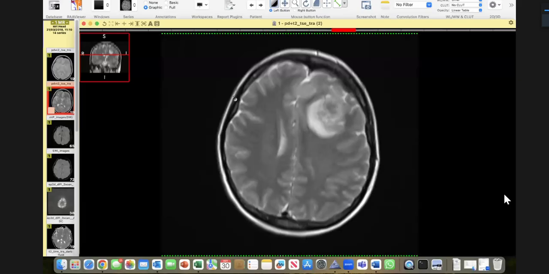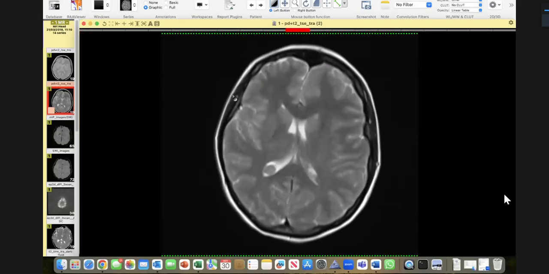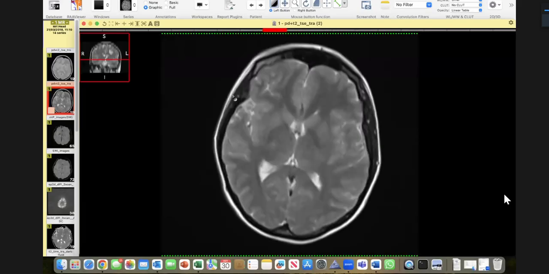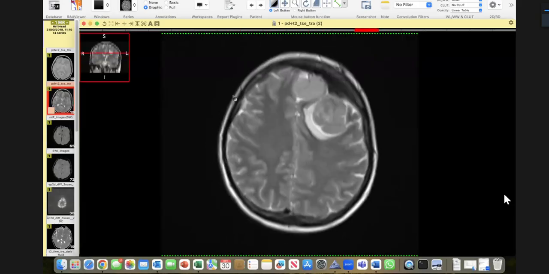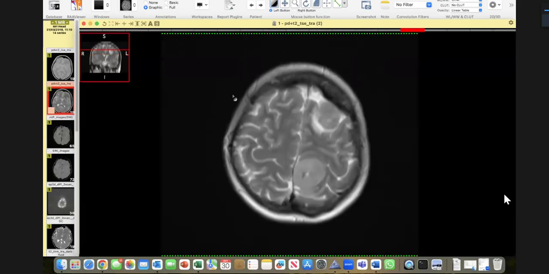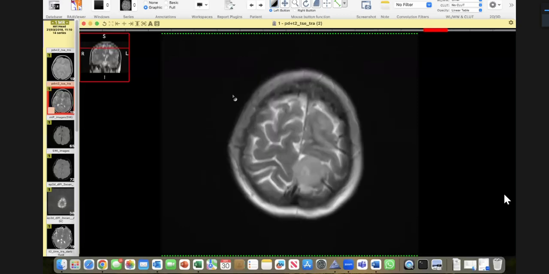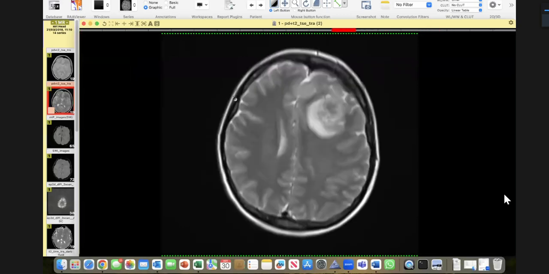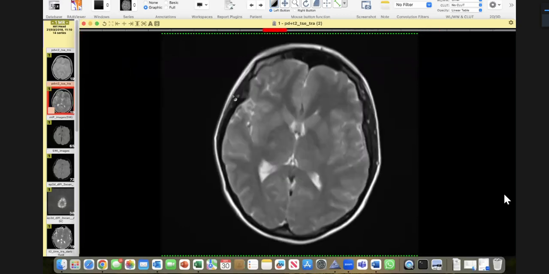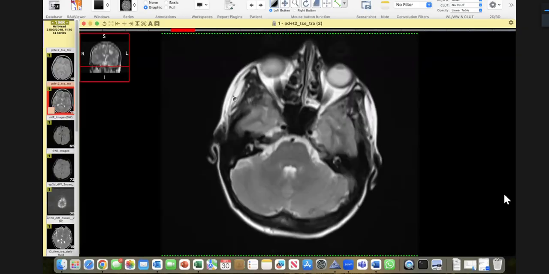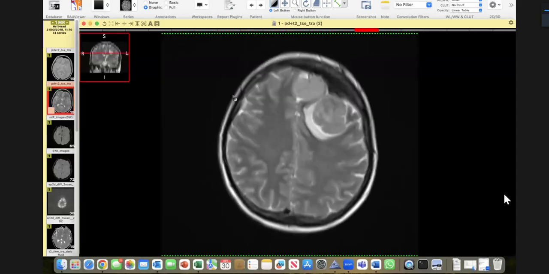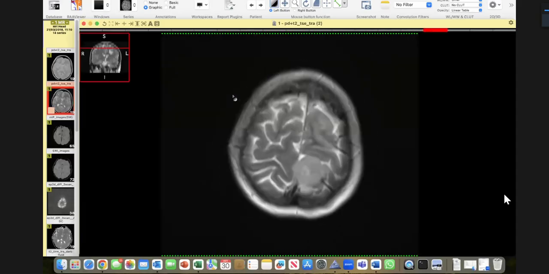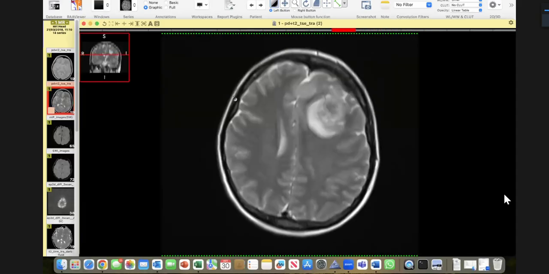There is one in the right occipital horn of the lateral ventricle. So these appear to be extra-axial because of the CSF cleft seen around the larger altered signal intensity lesion. And I could also appreciate a lesion in the CP angle area probably.